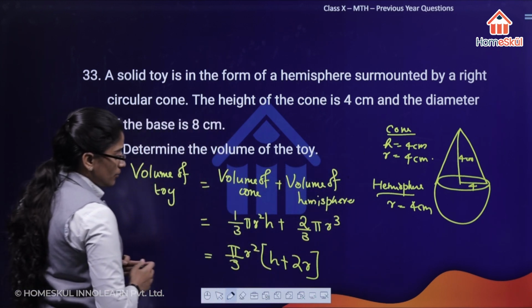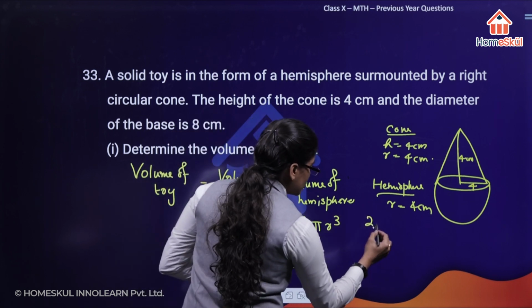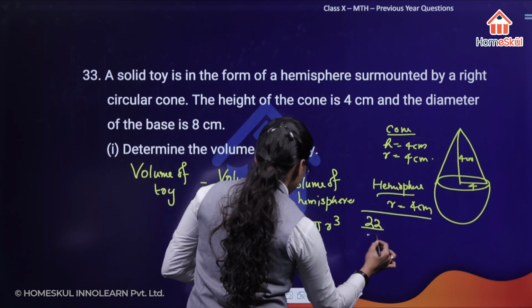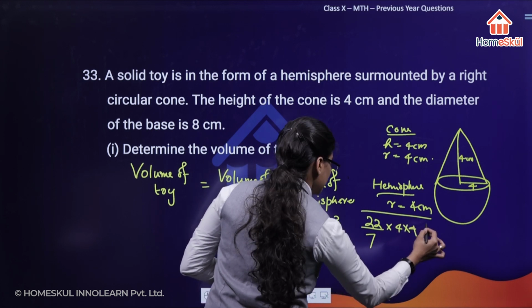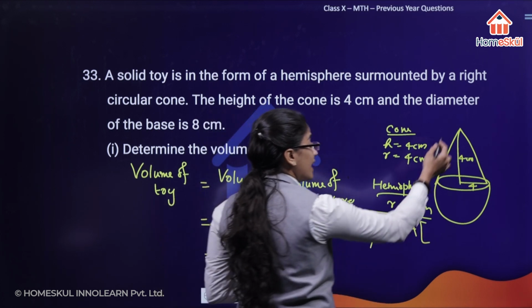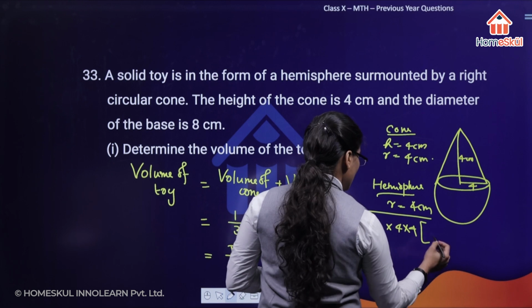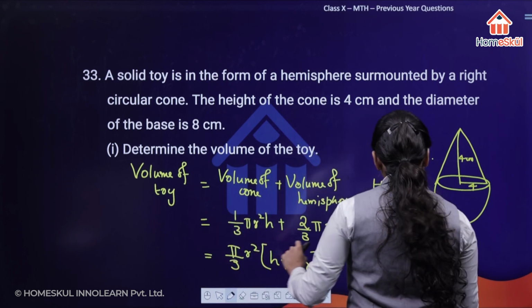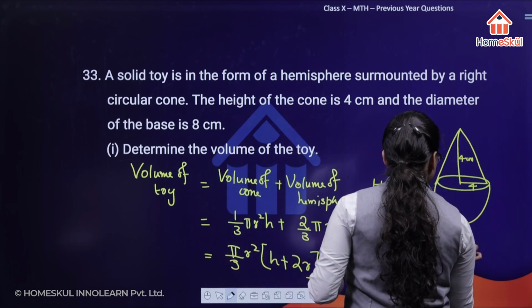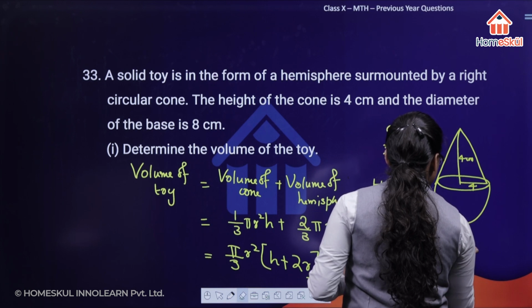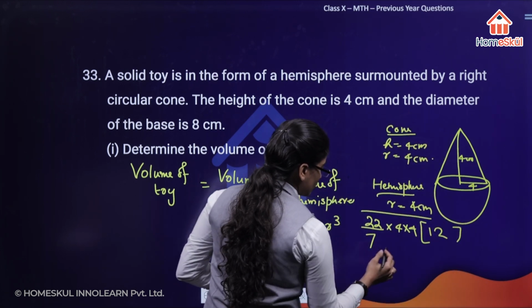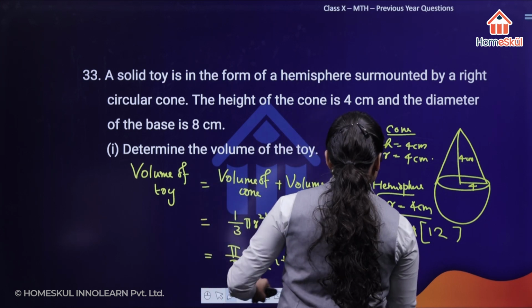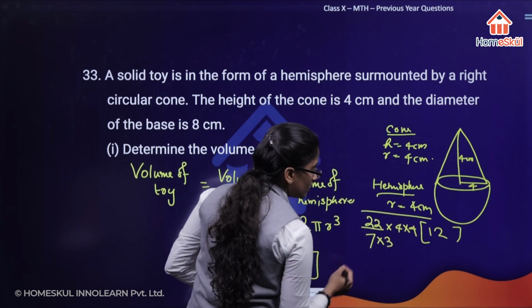On solving it, we get 22 by 7 times r square, that is 4 times 4, times h, where h is the height of the cone, which is 4 plus 2 times 4. 2 times 4 is 8, 4 plus 8 is 12. And here pi by 3 is there, so there is a 3 here.